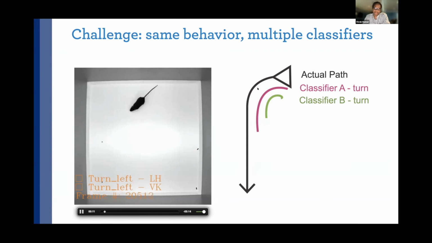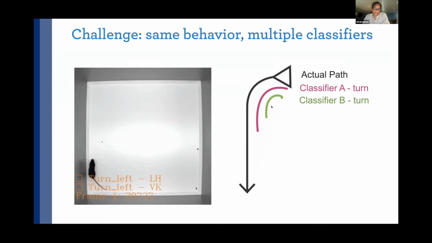And what we find, looking at the actual path of the animal, is that classifier A is calling this a turn, and classifier B is calling this a turn. This is a trivial example, but when you start looking at social interactions, it gets really complex, and we start to disagree tremendously on what the behavior is.